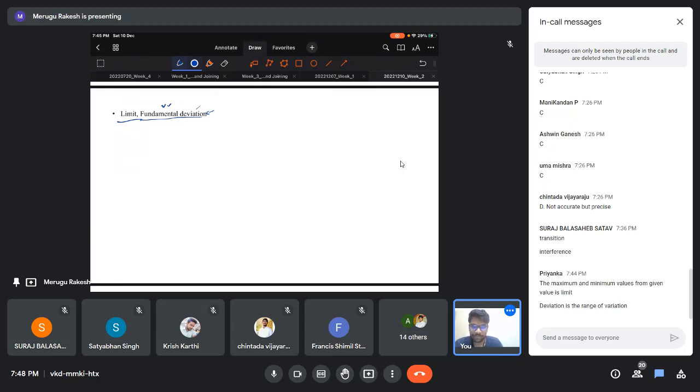And the limits is something somebody already said, the maximum and minimum of a given value. Now what is the tolerance? Permissible variation in the size of the component from its basic size. Yes, that is the permissible variation.